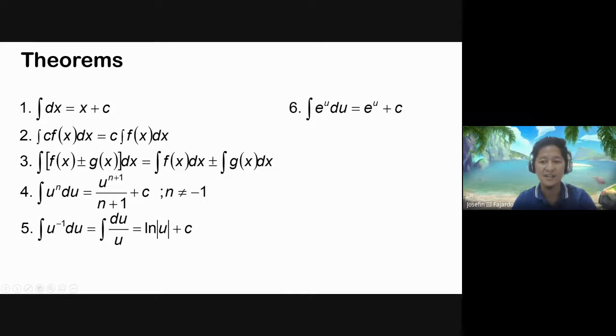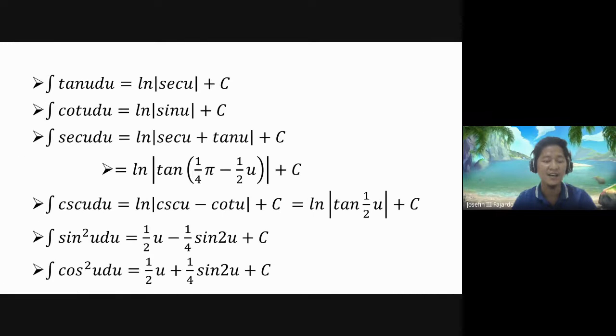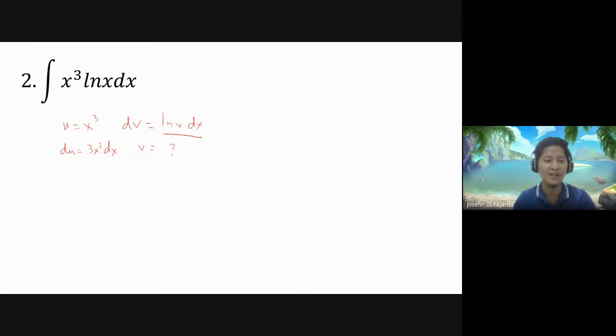Kahit sa tingnan natin dun sa ating mga theorems, wala tayong integral ni ln x. So, ibig sabihin, hindi uubra yung ganitong way ng pag-subdivide ng parts ng ating integrand. Diba? Tama ba? So dahil hindi ubra, papalitan natin siya.